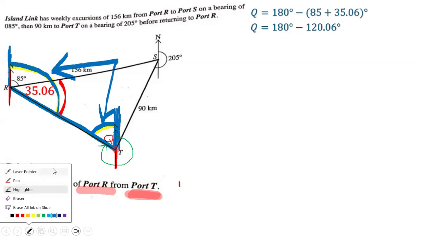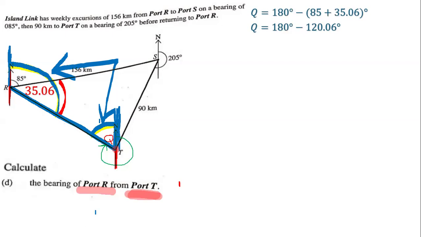And so that means that Q, along with 85 plus 35.06, must add up to 180 degrees. And so what we're gonna do is add these two. When we add 85 and 35.06, we get 120.06. But we want to figure out what Q is. So Q is going to be equal to 180 minus 120.06.